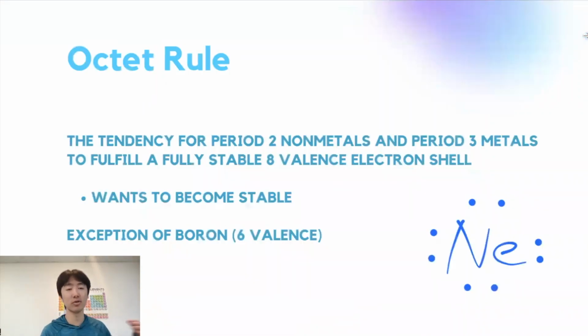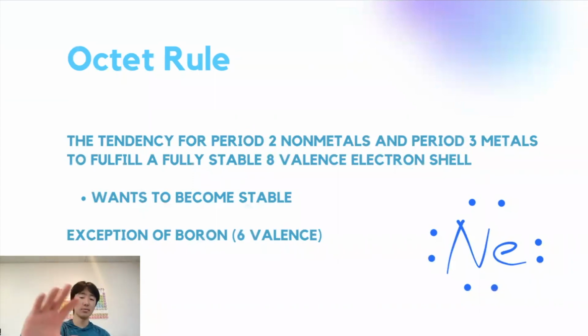To know about electronegativity, we have to know what the Octet Rule is. The Octet Rule is the tendency for period 2 nonmetals, which have the p subshell, or period 3 metals, to make a fully filled, stable 8 valence electron shell, right?